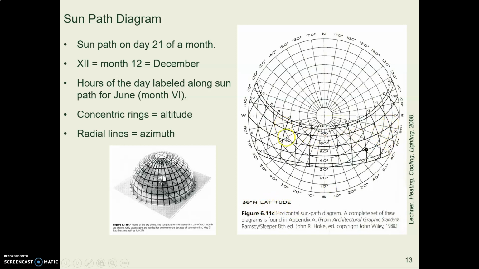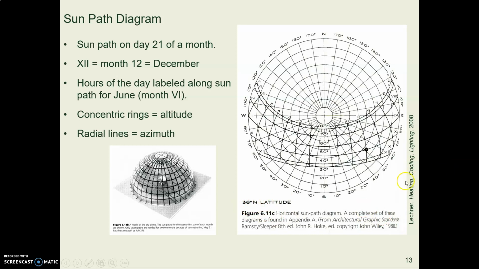This is what their sun paths look like. If we look at a sun path diagram for Eugene, Oregon, these lines will be bent just a little bit differently. It will look quite similar, but not identical. So each latitude on the planet will have a slightly different sun path diagram. So this one is for, I don't know, somewhere down in California.